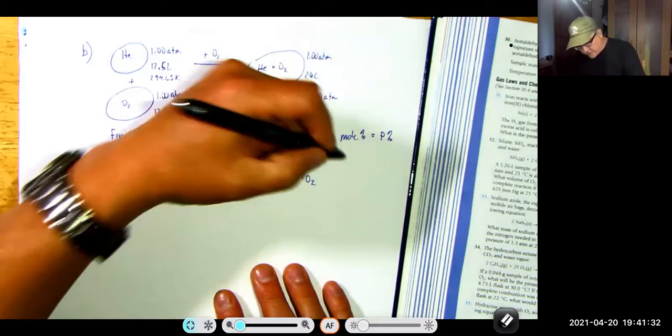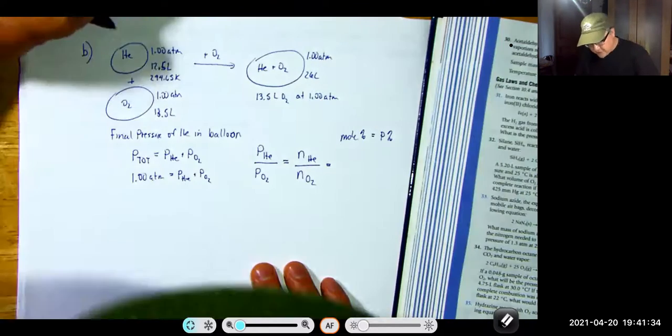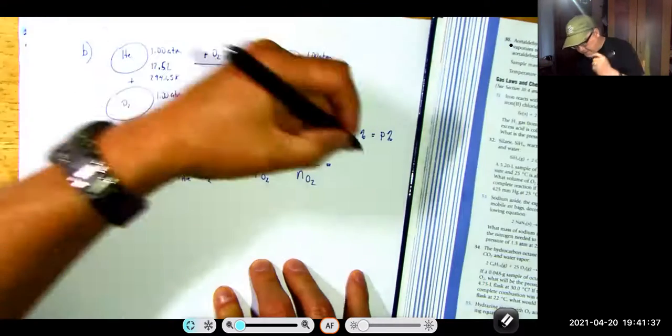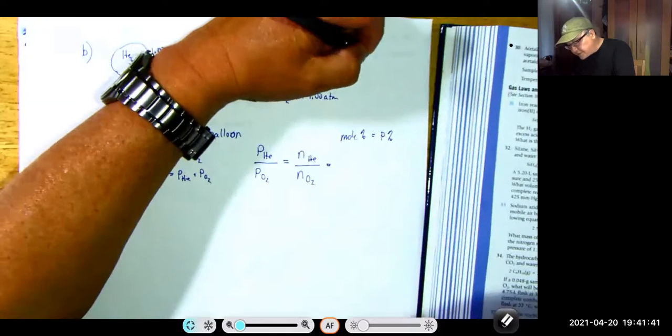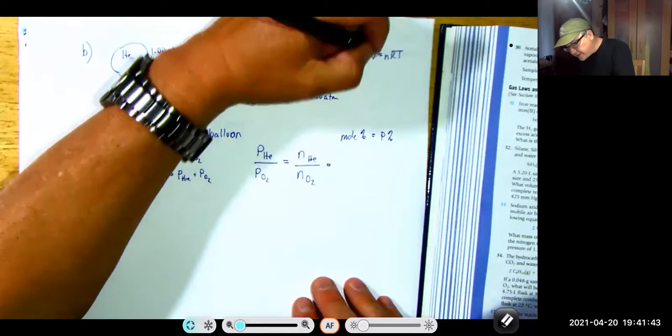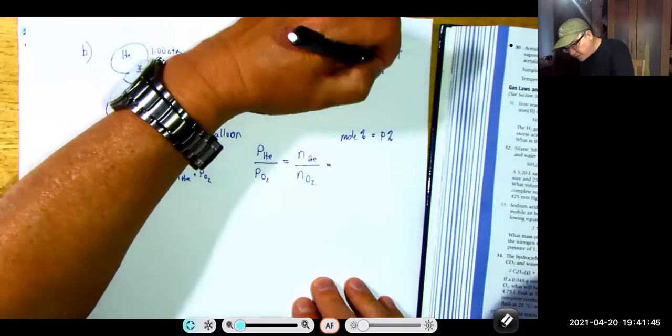Can we agree that PV equals nRT, so n is equal to PV over RT.